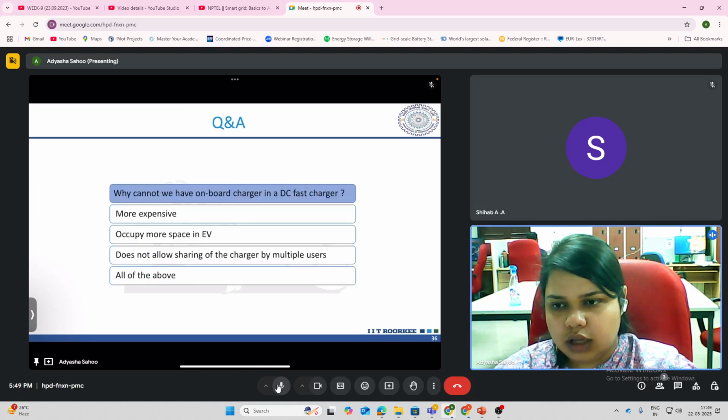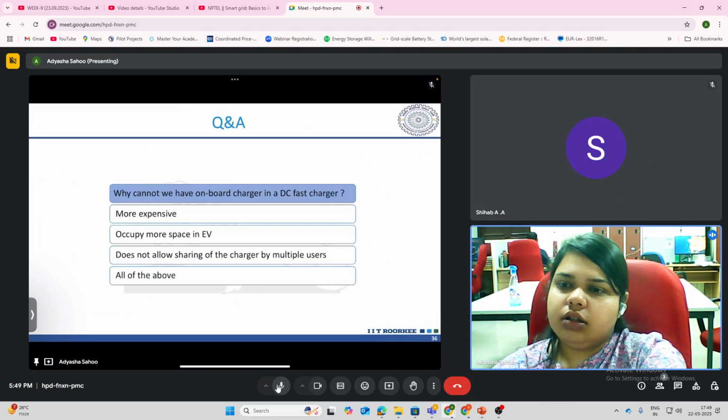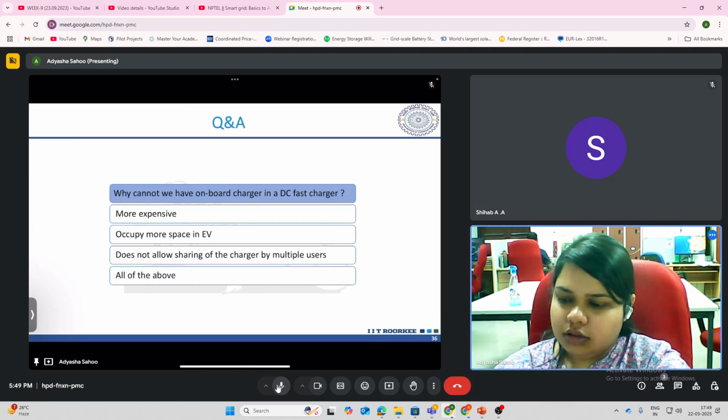Why can we not have an onboard charger in a DC fast charger?